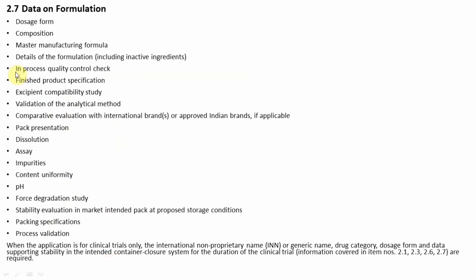Next, data on formulation, that is dosage form, its composition, master manufacturing formula, details of formulation including its ingredients, in-process quality control check, finished product specification, excipient compatibility study, validation of the analytical method, comparative evaluation with international brands, then pack presentation, dissolution, assay, impurities, content uniformity, pH, forced degradation study, stability evaluation in market intended pack at proposed storage conditions, packing specification, and process validation.